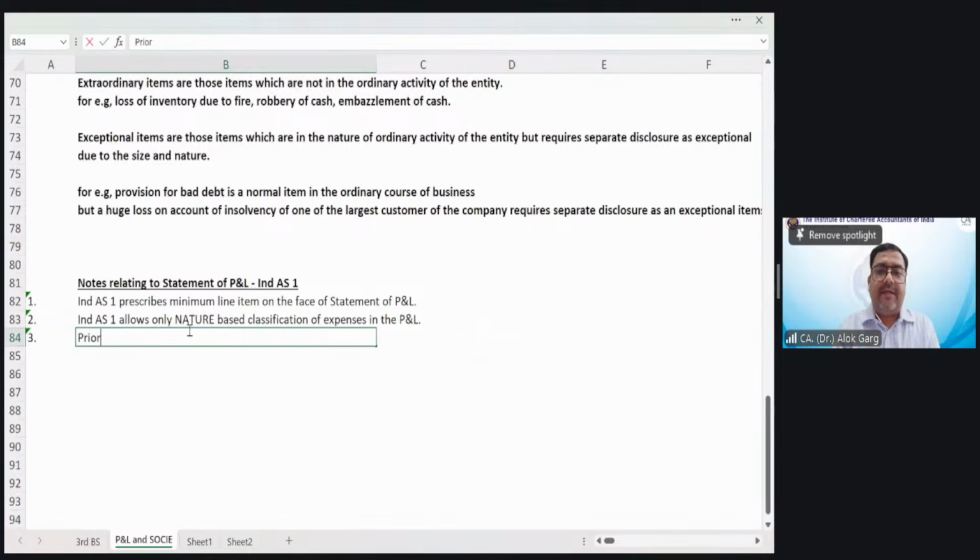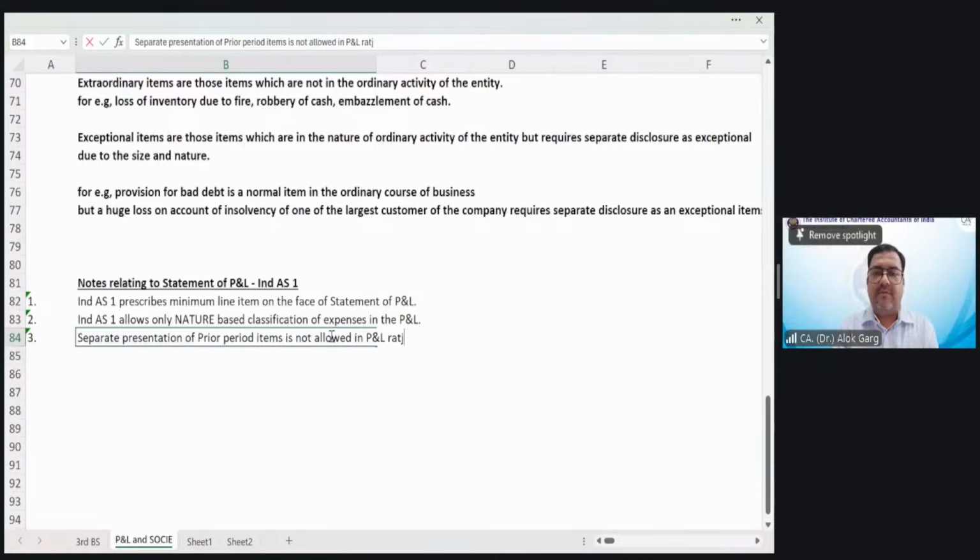Separate presentation of prior period item is not allowed in P&L.